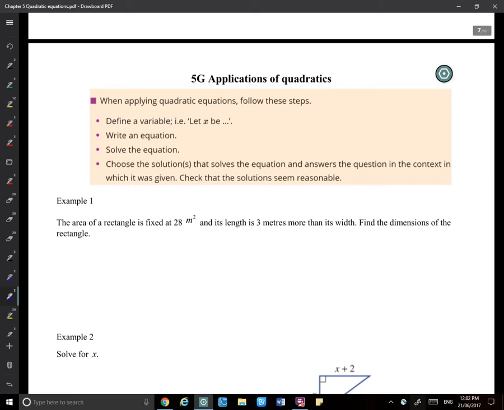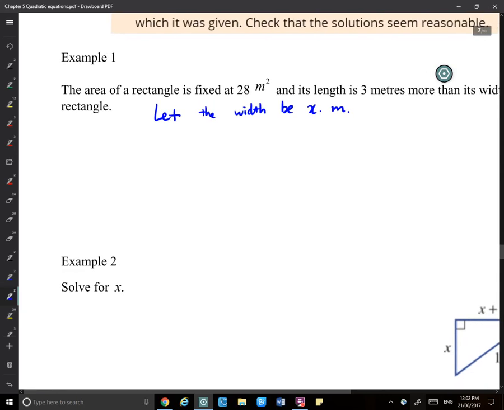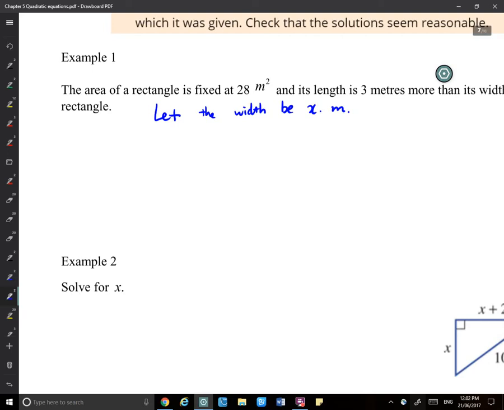The length or the width? The width. Okay, so let the width be x meters. That's the first thing you need to write. Okay, that's worth 1 mark. Set up the variable.